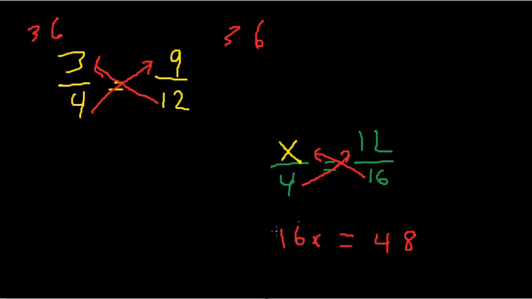Now I'm asking myself, 16 times what is equal to 48? Well, that is the same as asking, what is 48 divided by 16? That, of course, is 3. So that means 12 to 16 is the same as 3 to 4.